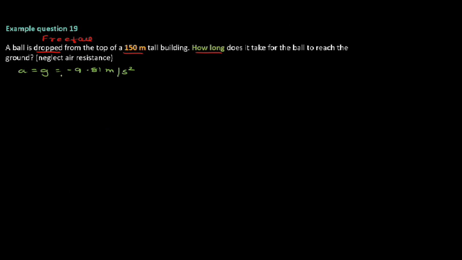So I have acceleration g equals negative 9.81 meter per second squared. It is falling from the top of a building. When the ball is falling from the top of a building, its direction of motion is downward. So this distance that the ball covered, which is y minus y0, will also be negative because you're falling down.